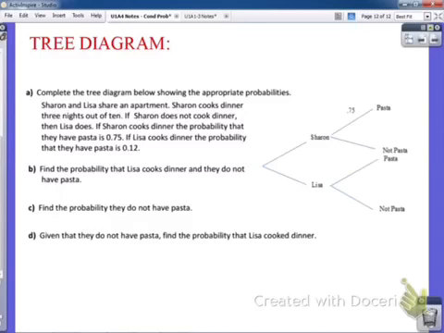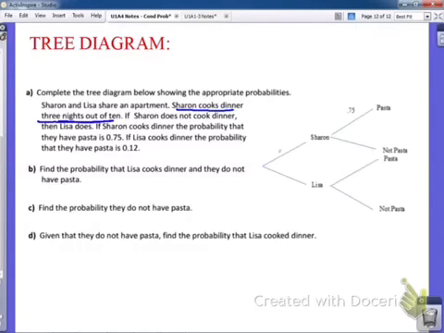So here's what happens. What is the probability that Sharon cooks? Sharon cooks 3 nights out of 10. So here's what you can do. You can write it as a fraction. That's probably the best thing to do. Or you can change it to a decimal.